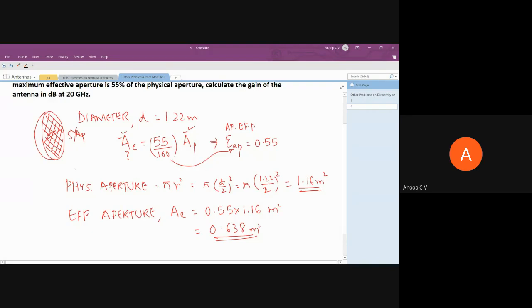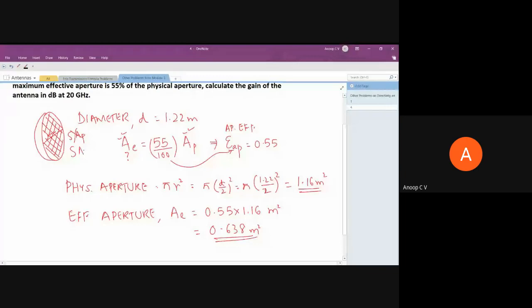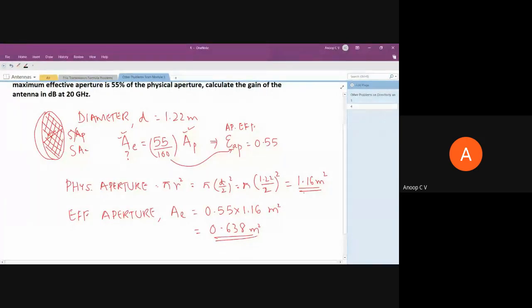Because of that, the power delivered will be S into AE. So even though the area is 1.16 meter square, this entire area cannot effectively capture the power. Only 0.638 meter square of this antenna will be effectively capturing the power. That is the meaning.